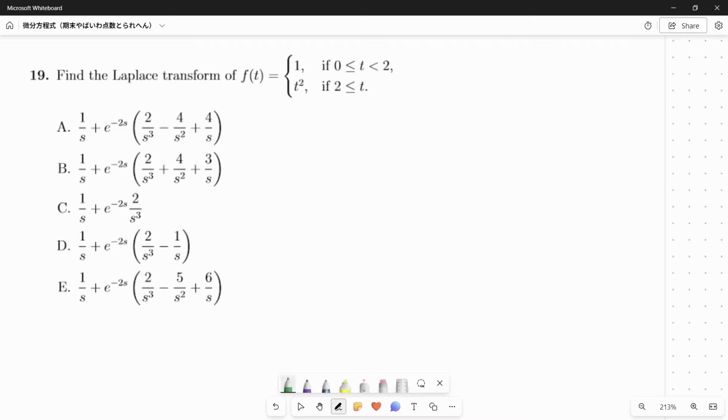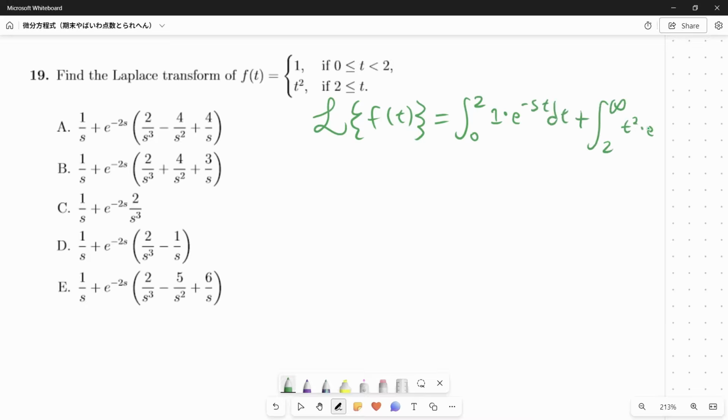And so to start, your integral, if you're going to do it that way, would end up looking like the Laplace transform of f of t is going to be equal to the integral from 0 to 2 of 1 times e to the negative st plus the integral from 2 to infinity of t squared times e to the negative st.